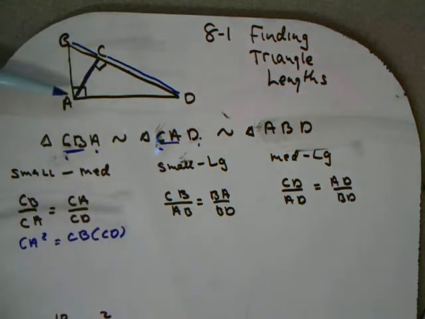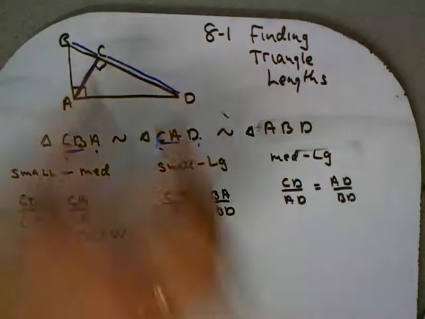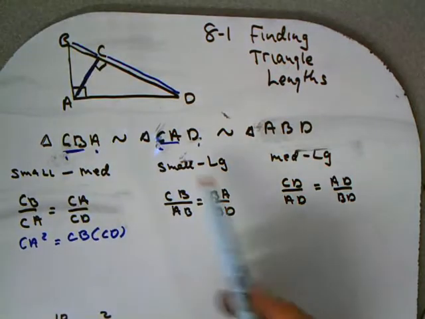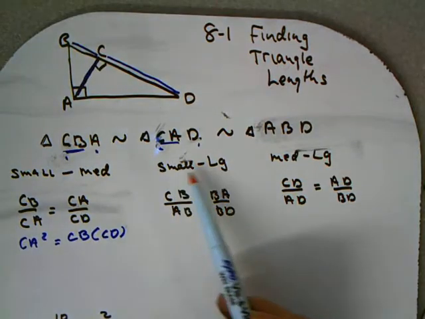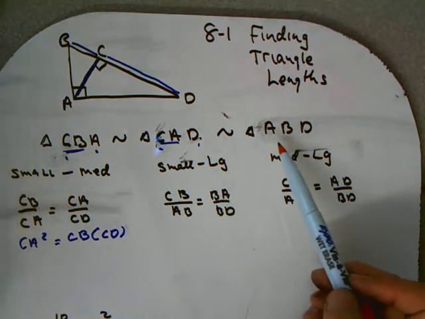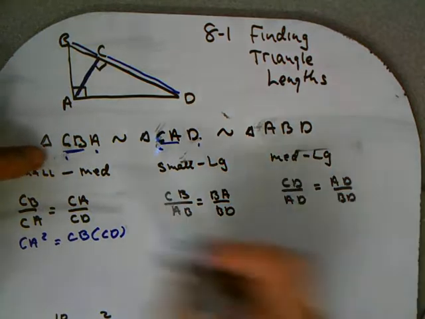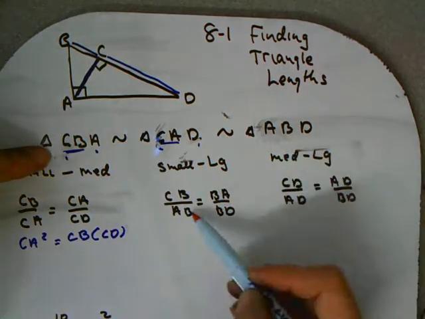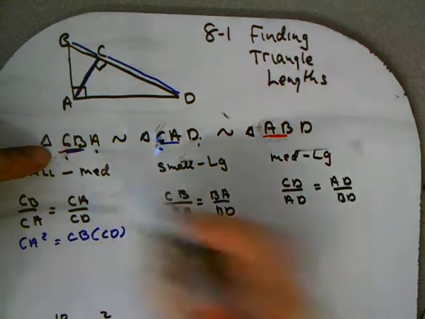Now, if I look at the ratios between the small and the large triangles, I see that CB over AB here equals BA over BD.